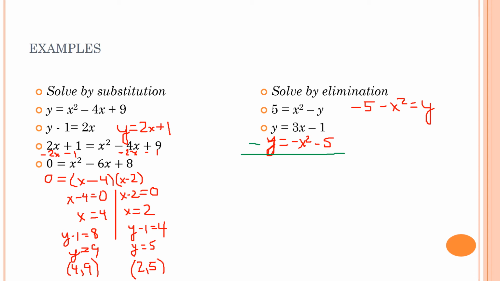Now I can subtract these two equations. So 0 minus x squared minus a negative x squared should give me an x squared. 3x minus nothing is 3x. And -1 minus a -5 gives me a +4.